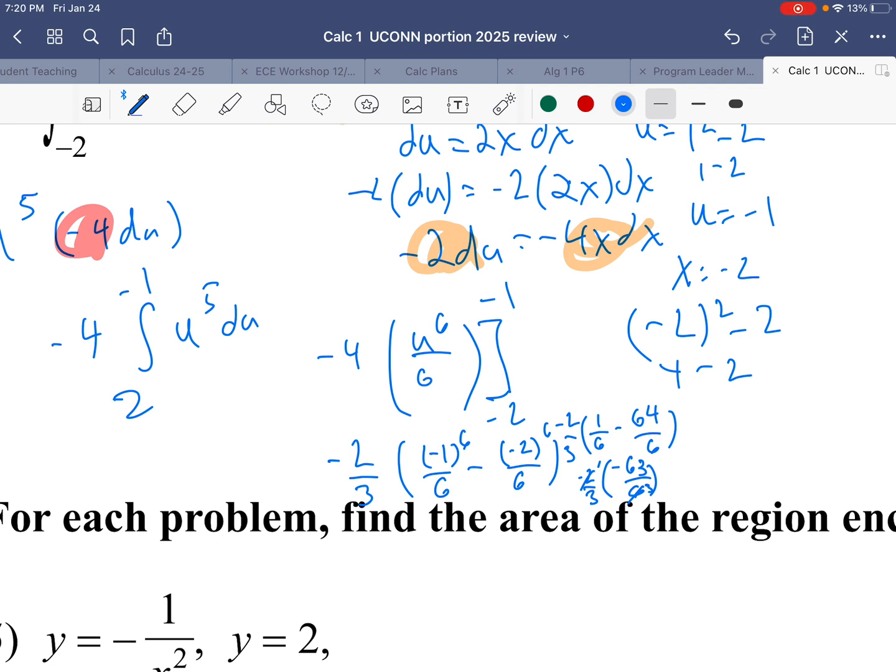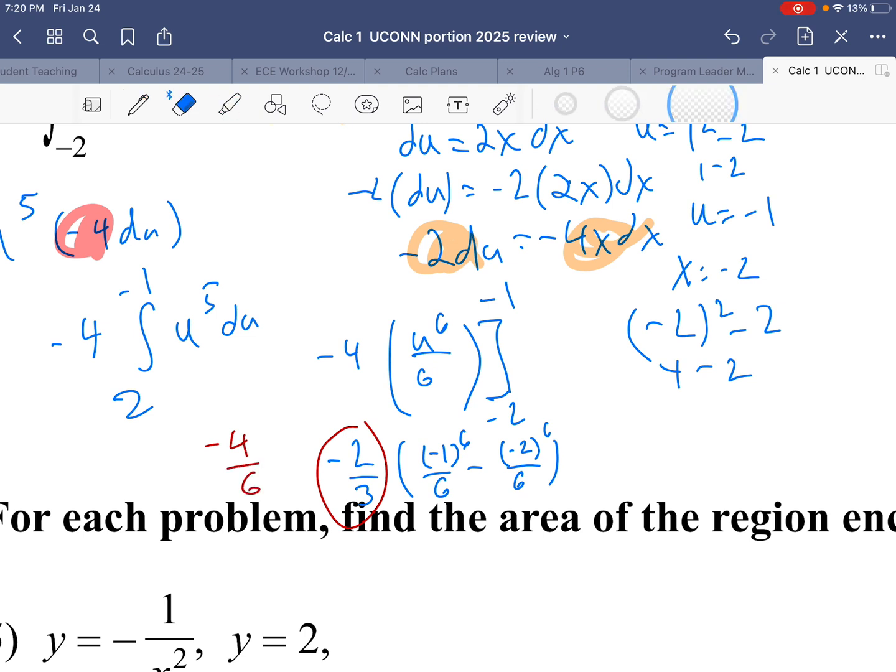Oh, I messed up. I should not have been writing these over 6. So what I was trying to show here is that 2/3 could be negative 4 over 6. But I was confusing myself. I should not be writing these over 6. It should look like 2 over 3, so I factor out the 6th.